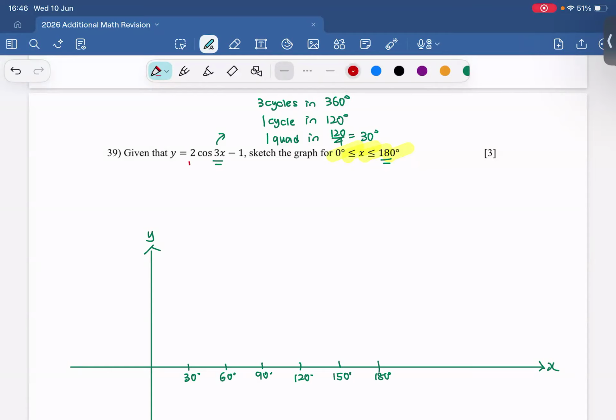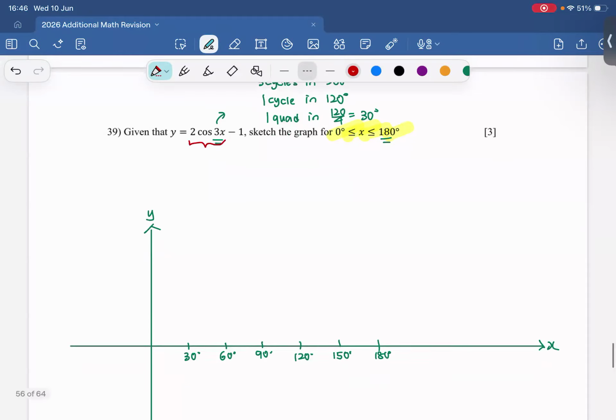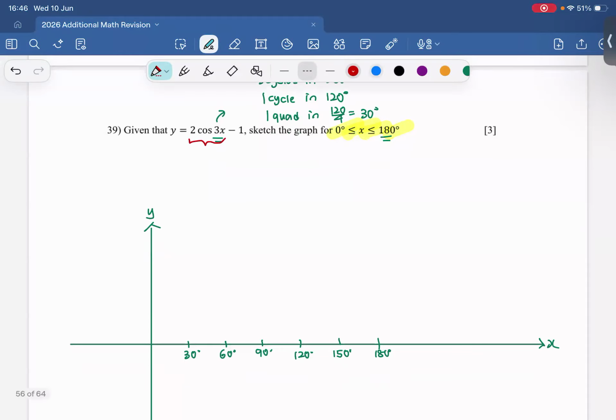Okay, then we now start to draw the graph. I start by drawing 2 cosine 3x first. So how do I draw my cosine? I know that this is just a sketch. This is not the actual thing. We know that cosine always starts from where? We start from 2, because we know the maximum is 2, the minimum is minus 2. For the cosine graph, we always start from the top.